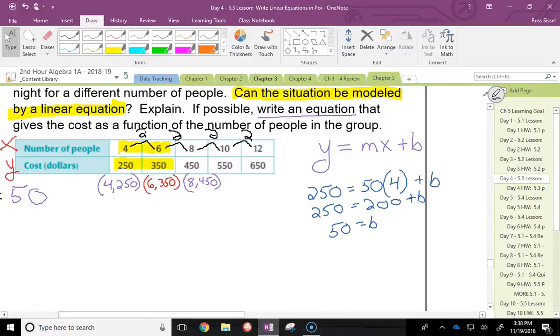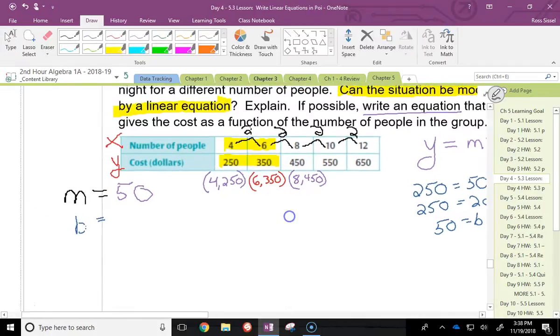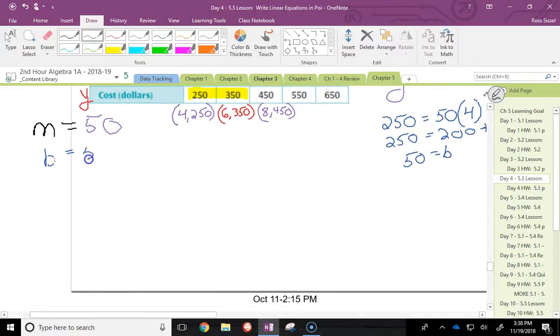Sorry, my screen kind of got messed up. So we now have b equals 50. I'm going to go over here and say my b is 50. When I write my equation, I'm going to say y equals 50x plus 50.